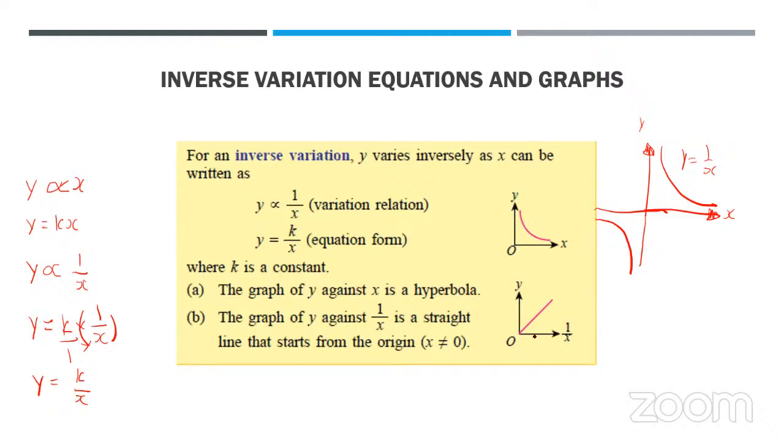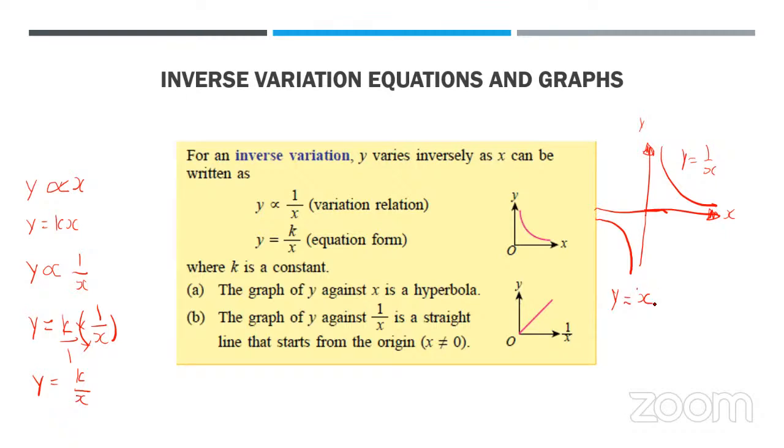Now let's look at this graph. Pay close attention to the vertical axis. It's labeled y, while the horizontal axis is labeled 1 over x. As you can see, the graph is actually a straight line starting from the origin. It's very similar to y equals x.